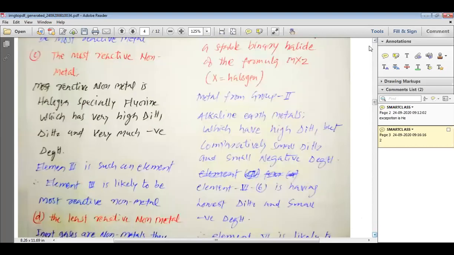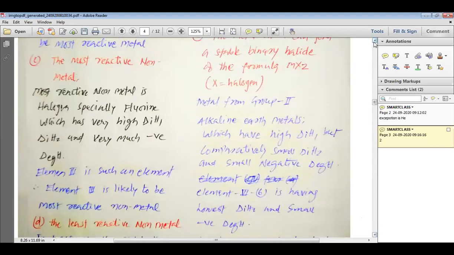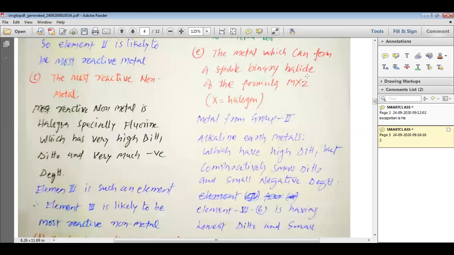The next question is: the metal which can form a stable binary halide of the formula MX2. Now binary halides MX2 like CaCl2, MgCl2, BaCl2 are formed by the group 2 elements.